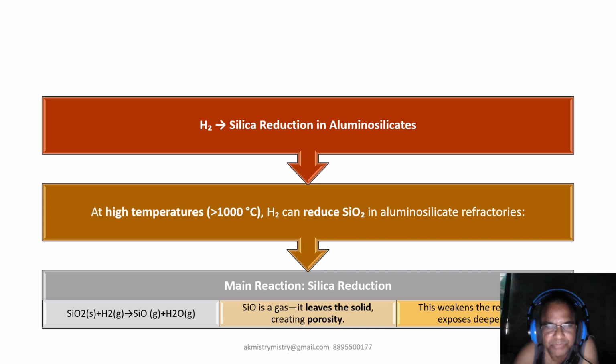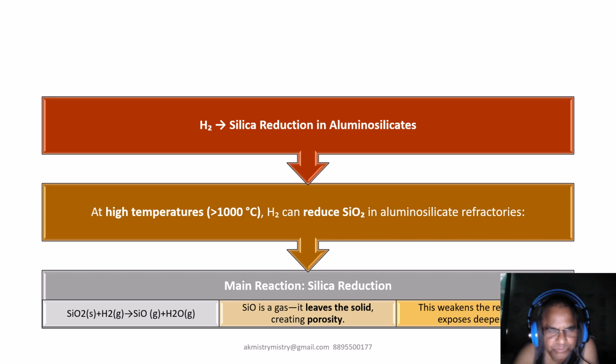Here we will focus especially on hydrogen and how its effects occur. As you can see, hydrogen reacts with the aluminosilicates at high temperature, and this hydrogen reduces silica.